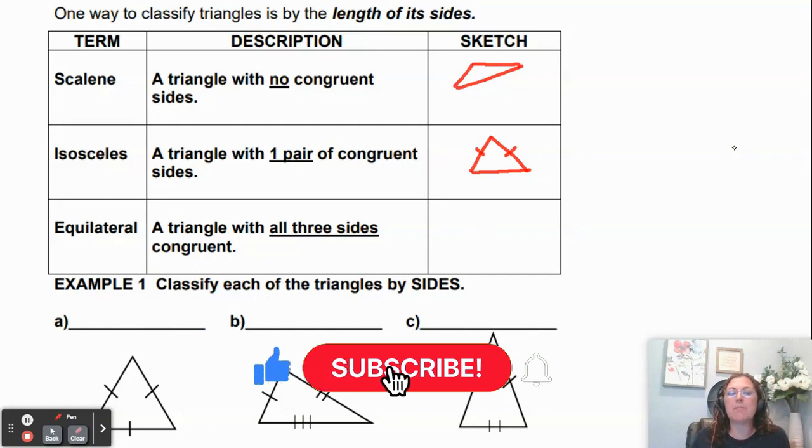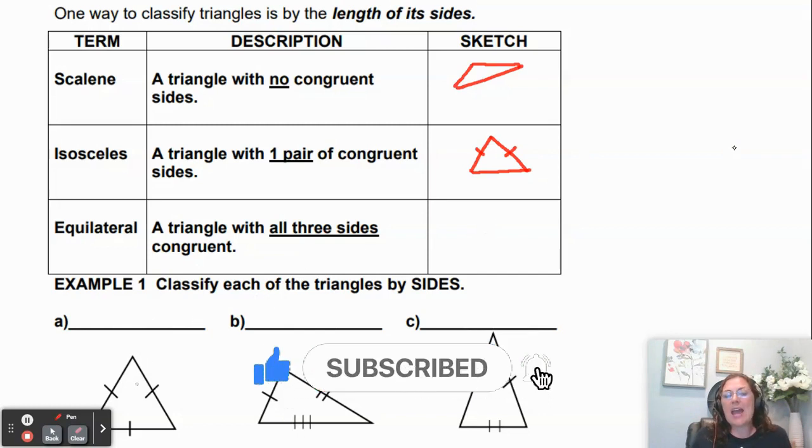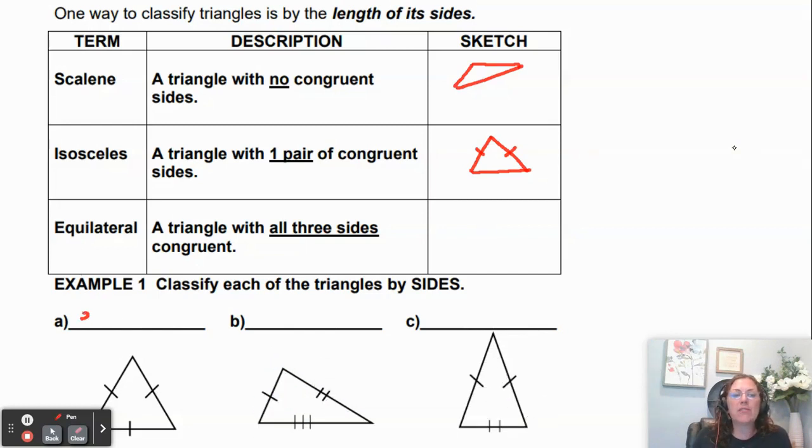So if we look at the examples at the bottom, you see A is showing you with these little dashes on the sides that all three of those are the same. So A here is an equilateral because all three sides are the same. B is showing you that because this one has one dash and this side has two and this side has three, that's showing you that none of the sides are the same.